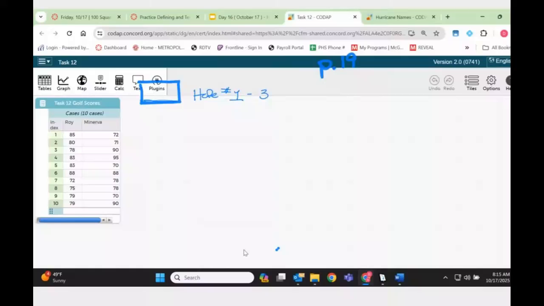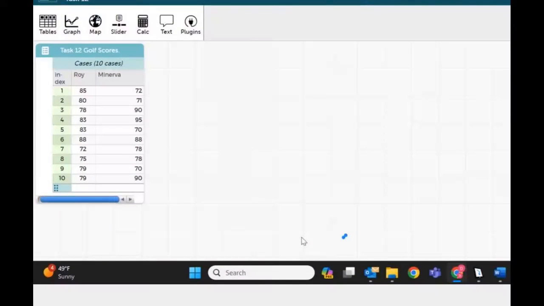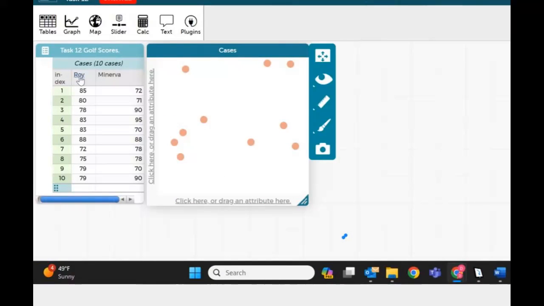Now I get rid of this, and we came up with these scores. This is what you're going to do with the deaths of hurricanes. So everybody take a look up here. You're going to maybe make a graph. There we go.